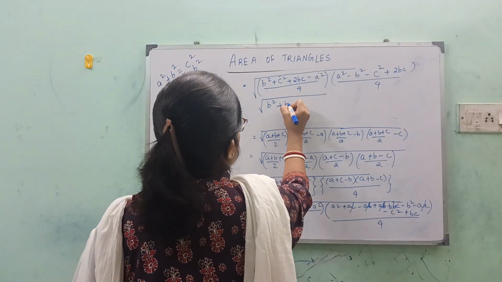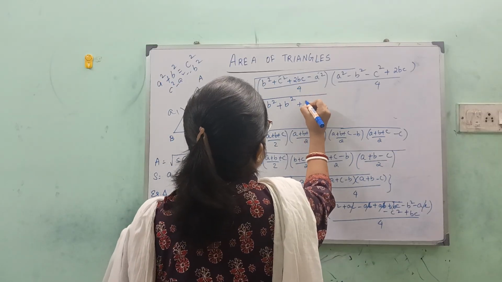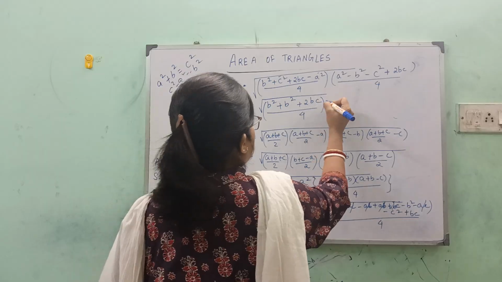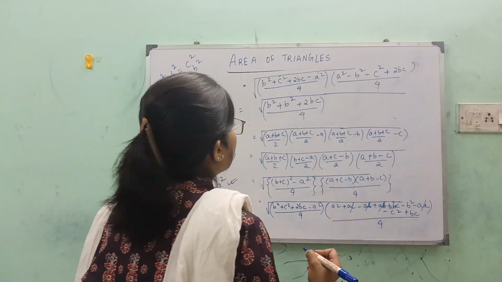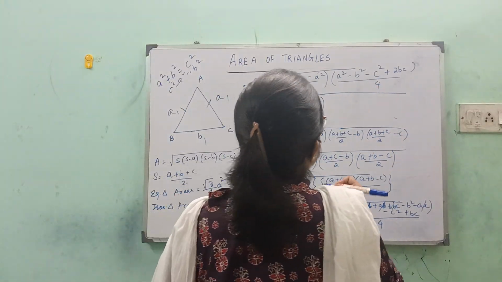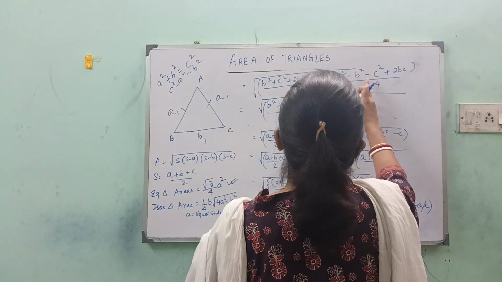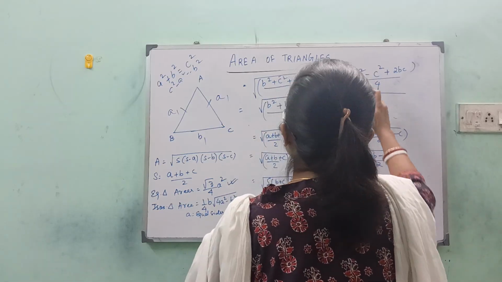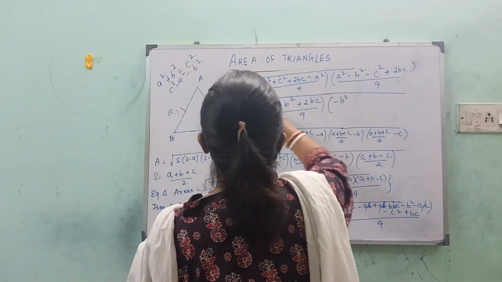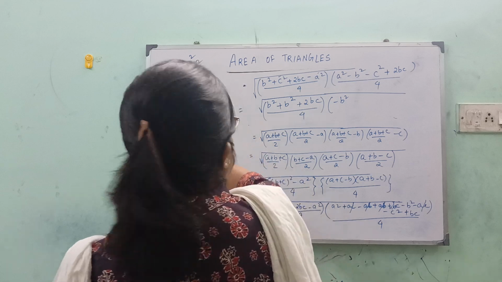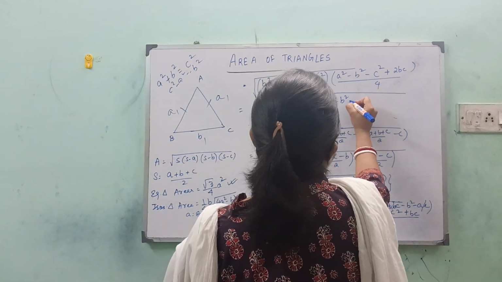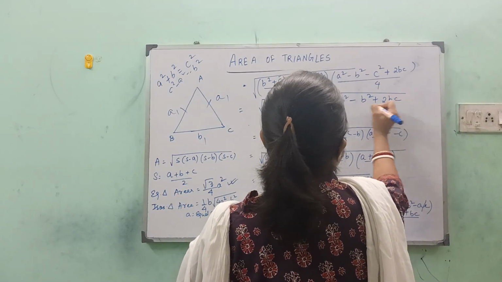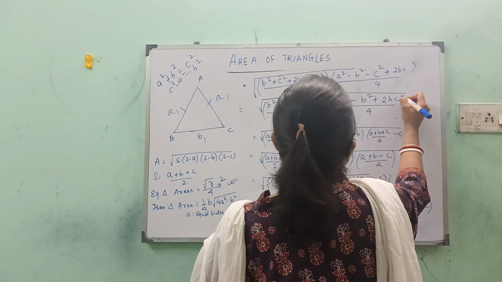So plus b², plus 2bc by 4. Here also, minus b² kept as it is, so a² minus c² will be minus b². Because c² minus a² is b², so a² minus c² is minus b². So minus b² plus 2bc by 4, kept as it is.